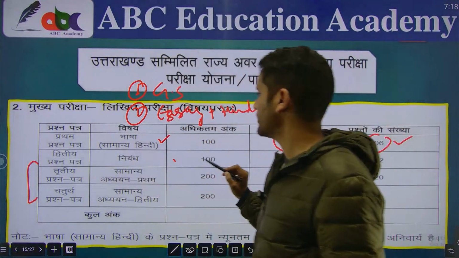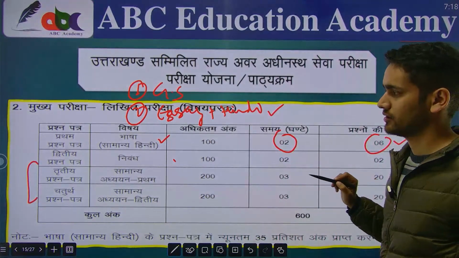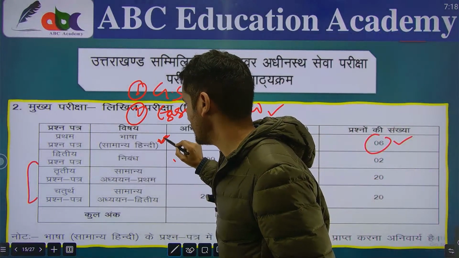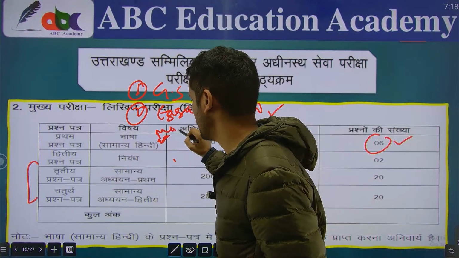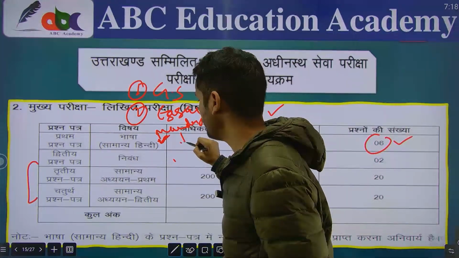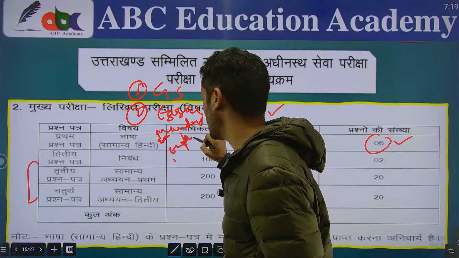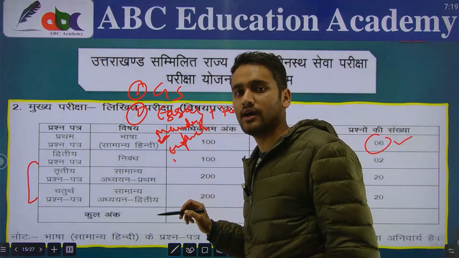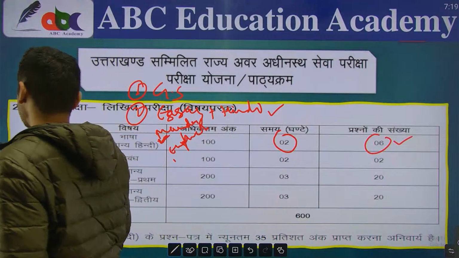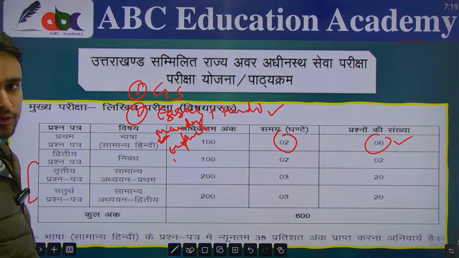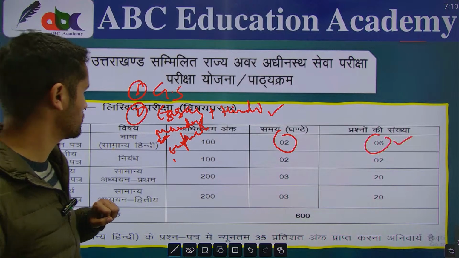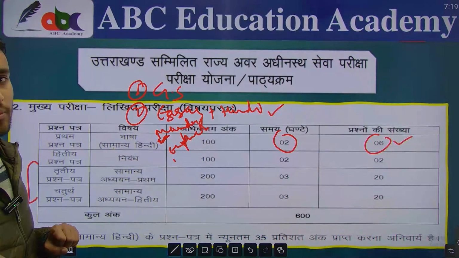Let me remind you of this fact that this paper is mandatory even for English medium students. English medium students have to appear for this examination in Hindi. So this is not an optional paper. You have to appear in Hindi medium. So Hindi language, you have to prepare that.